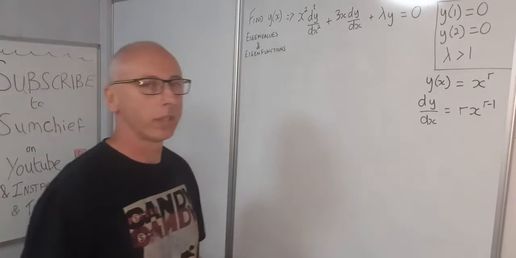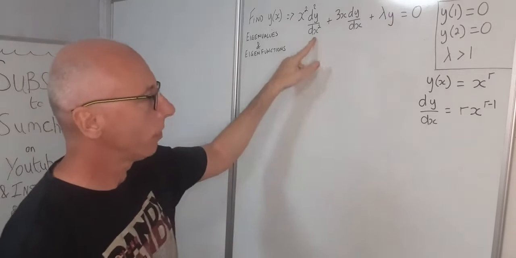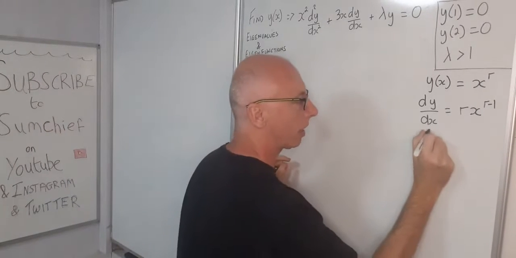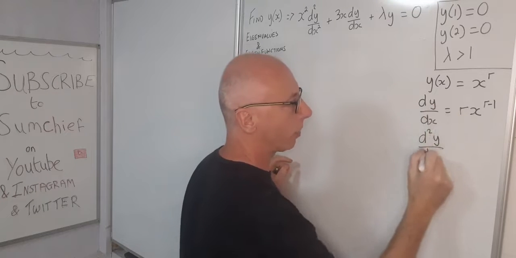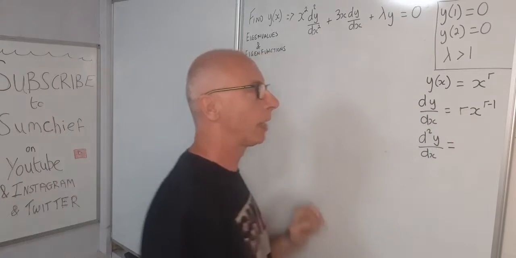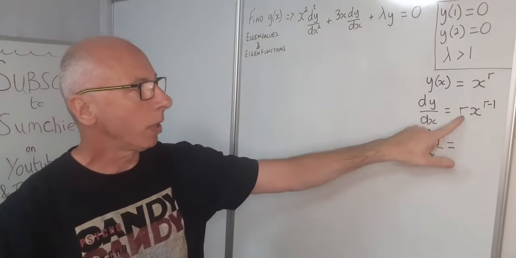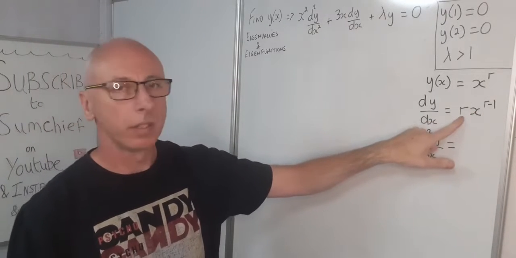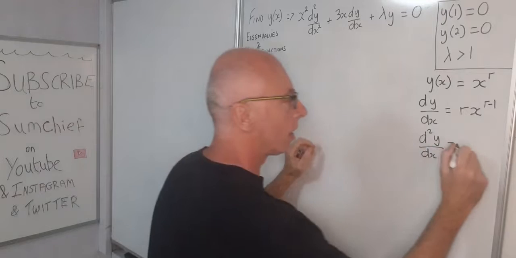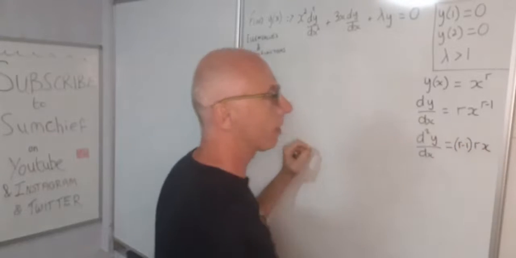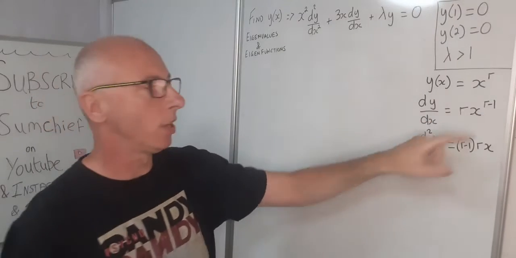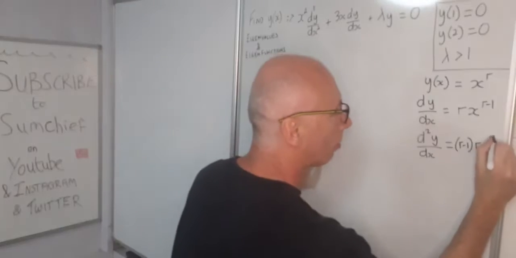So that's our first derivative. And now we're going to need the second derivative. So now multiply r minus 1 and r together. So now we've got r minus 1, r, and then the x. And now reduce this power by another one. So now we've got r minus 2.